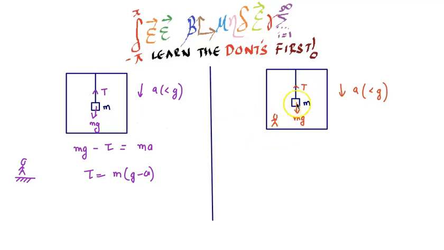But according to the observer now, this block is at rest, because according to the ground observer, everything inside the lift was accelerating down at an acceleration a, whereas now according to this observer, the block is at rest. So if this observer were to write Newton's second law for this block, they would think that mg minus T equals mass times the acceleration of this block in their frame of reference. So that would be 0. So this observer would feel that T equals mg, right?